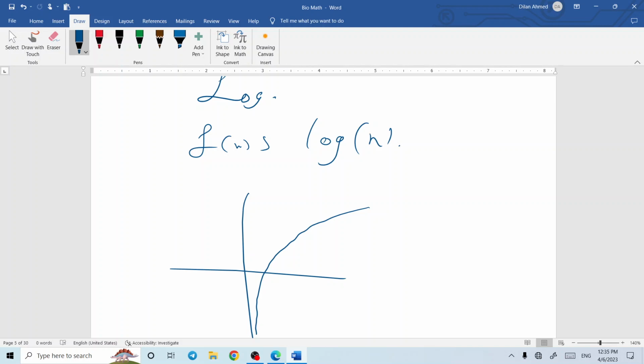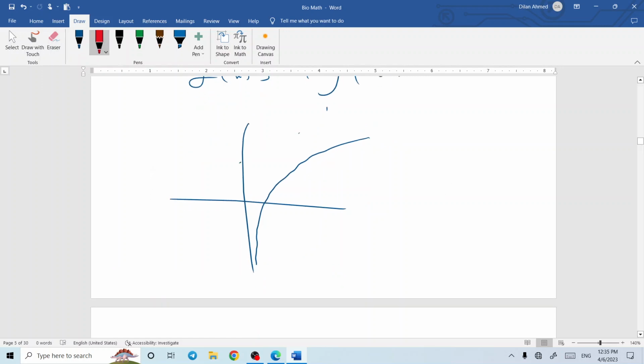Do you remember? Exponential was like that, but logarithmic is something else. Tell me about this point. 1 and 0, exactly. So I got that. Log of 1 equals what? 0. That's why if I input 1, I'll get output 0.